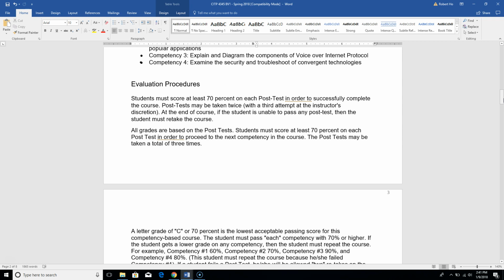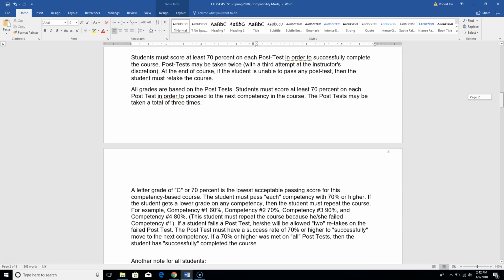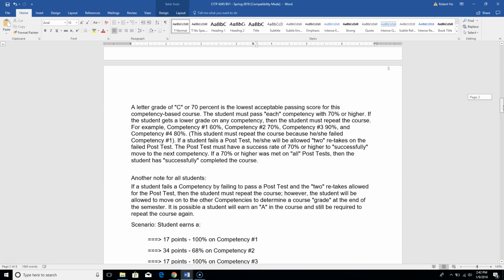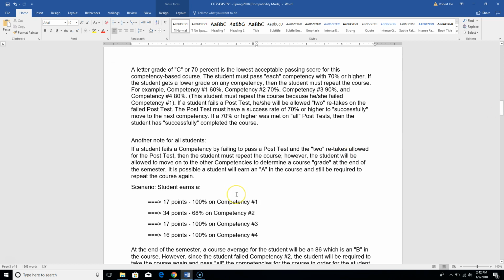At the end of the course, if a student is unable to pass any of the post-tests, then the student must retake the course. So you may get, for example, 86 points, which in a traditional class is a B, but for the purpose of this CBE course, you may fail the competency-based course.